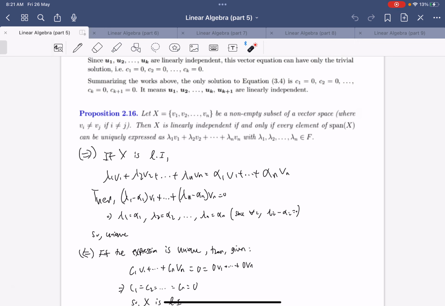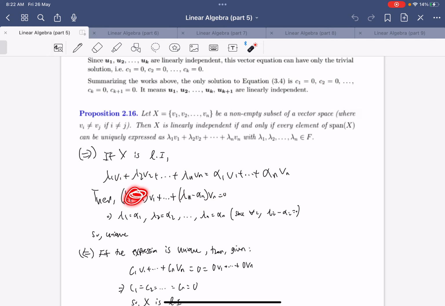Now we have a proposition: if you have a non-empty subset X of a vector space, then X is linearly independent if and only if every element of the span can be written uniquely as a linear combination of elements in X. If X is linearly independent and you have two linear combinations that equal the same vector, then when you bring one over and subtract, because they are linearly independent, all these coefficients must be 0.